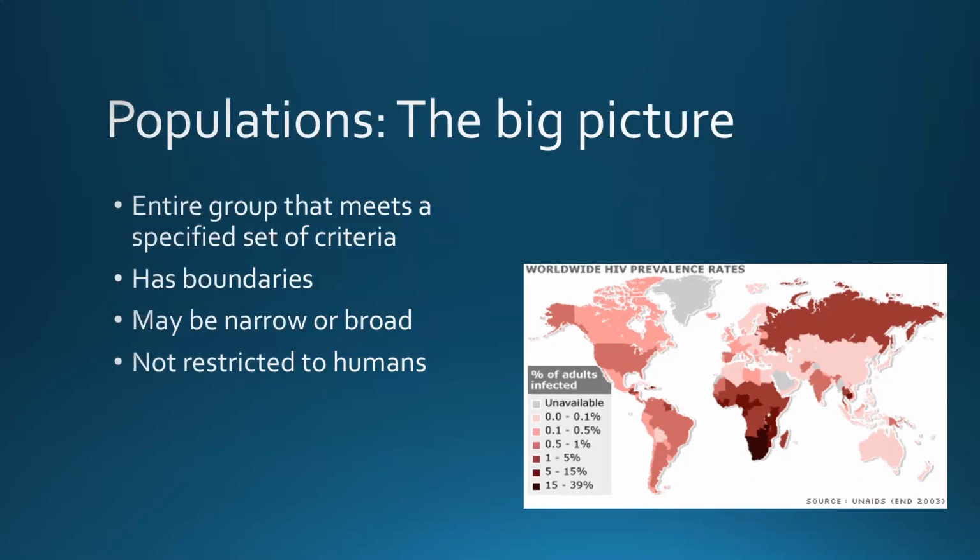And those characteristics can be very narrow, like you could decide to study males over 40 years of age in Watauga County, and then you would sample from that set of people. Or you could try to study males over 40 years old in the entire world. And that would be a very large population from which to sample.